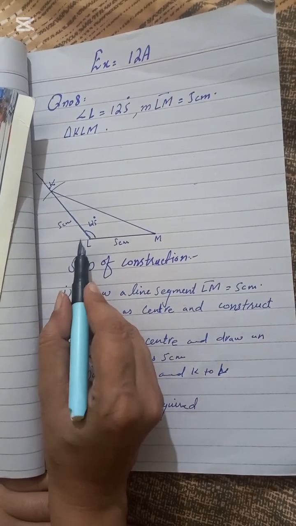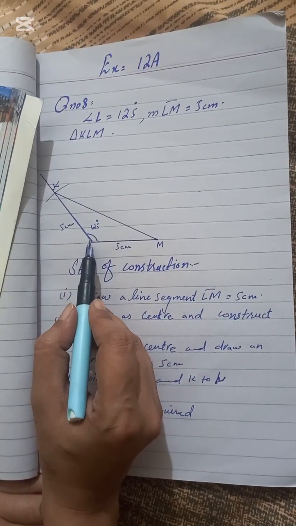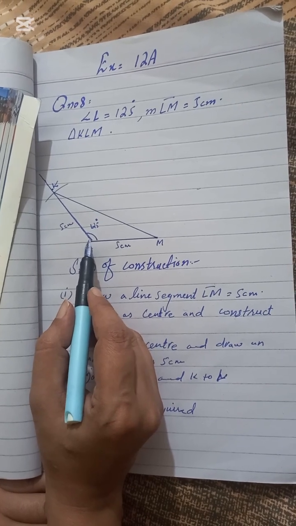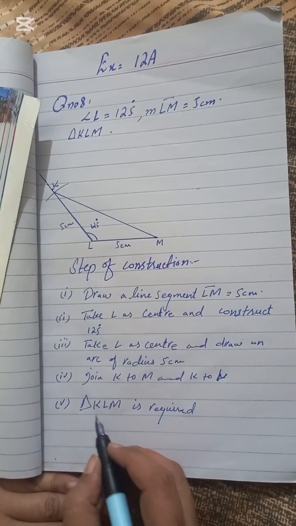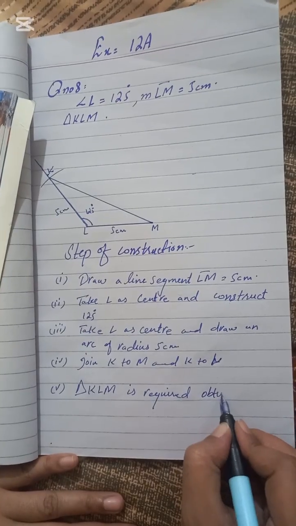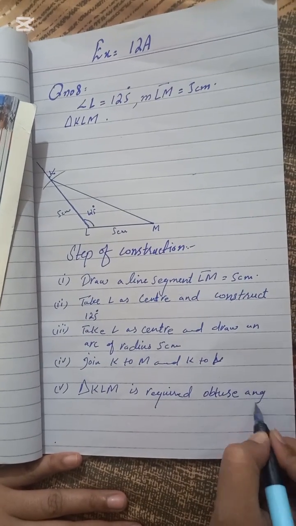Please look, it's a 125 degree angle, which means greater than 90. It is called an obtuse angle triangle. So triangle KLM is the required obtuse angle triangle.